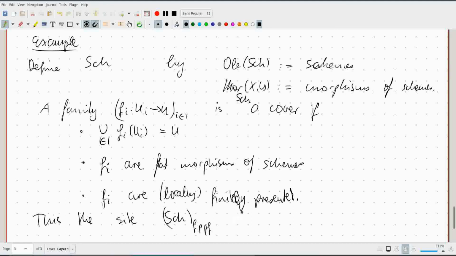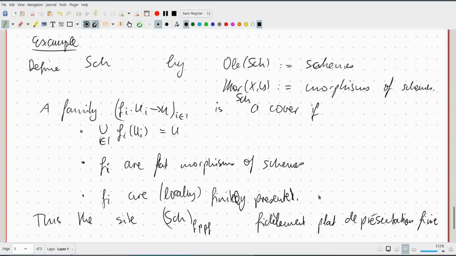The site fppf, where fppf stands for fidèlement plat de présentation finie. So faithfully flat and of finite presentation.